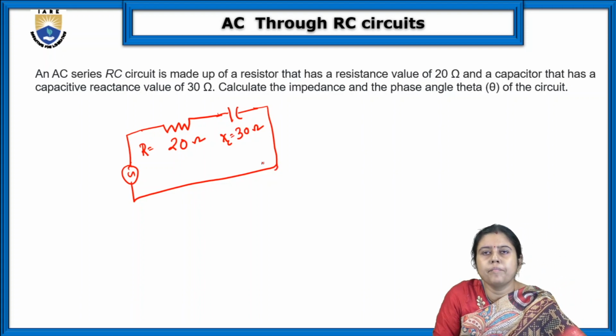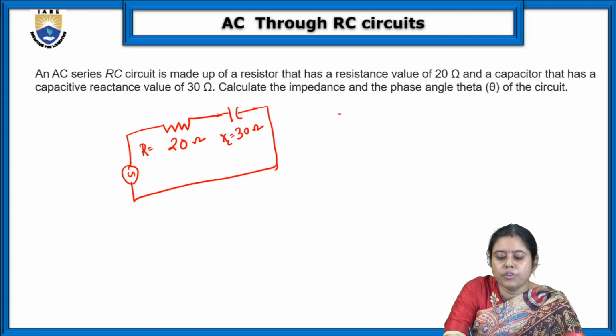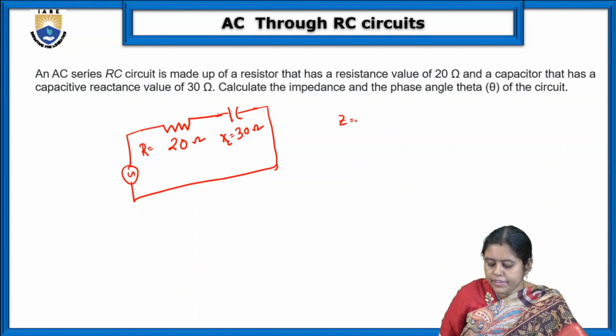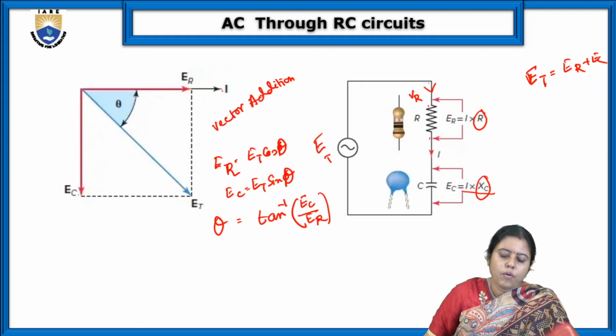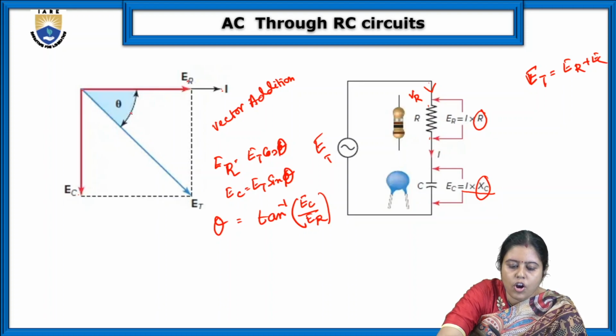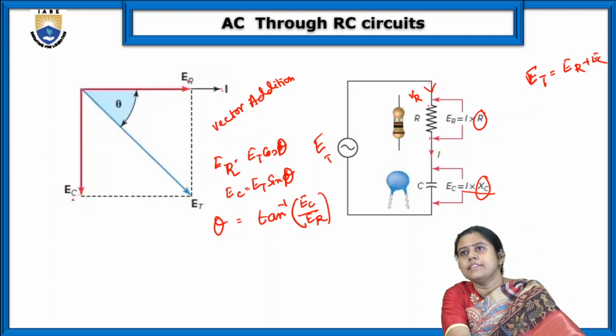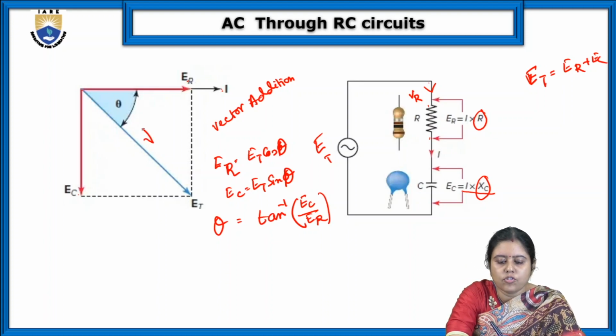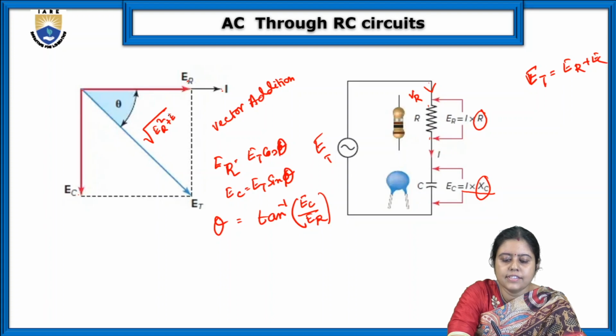So what is the impedance? Impedance we always get from this diagram. This line equation is the square root of ER square plus EC square.